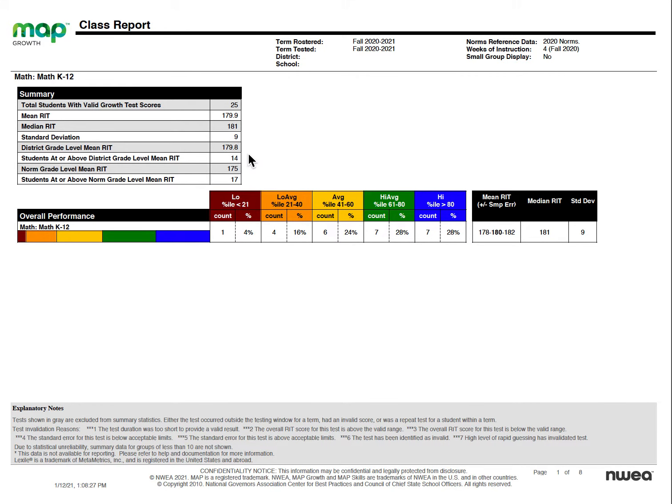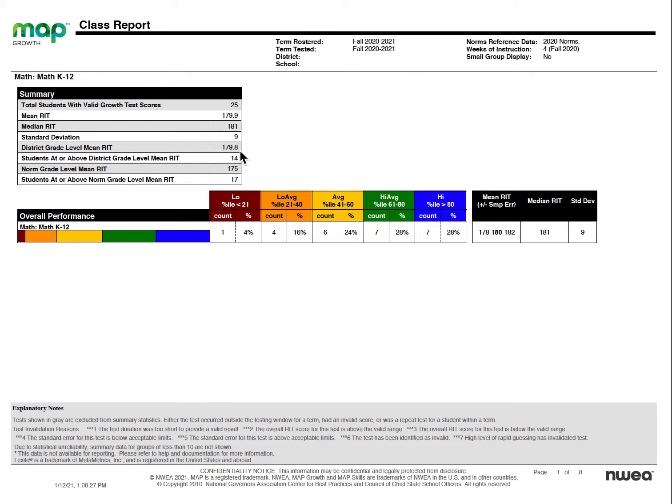Then a couple other numbers that are beneficial to know is this district grade level mean RIT. That is really your school. So if your school has 3 classes, that's all your classes combined, their average score. The thing by looking at this that I can see is this class's score was 179.9, but they are right on track with the kids in that grade.